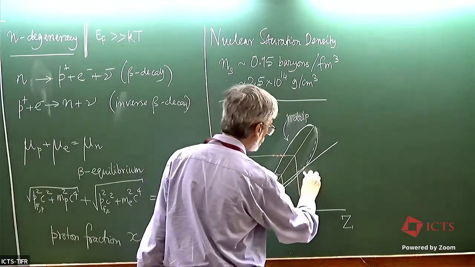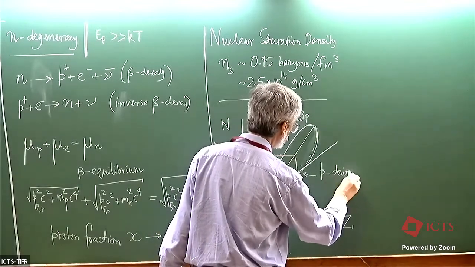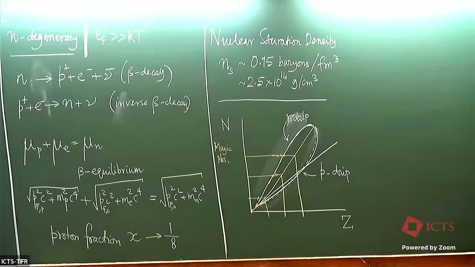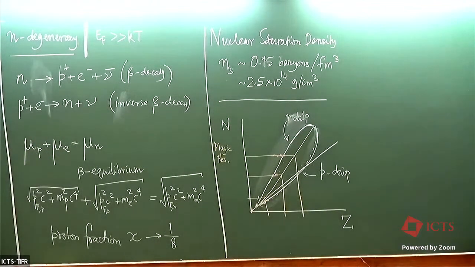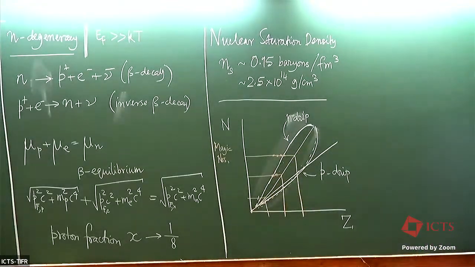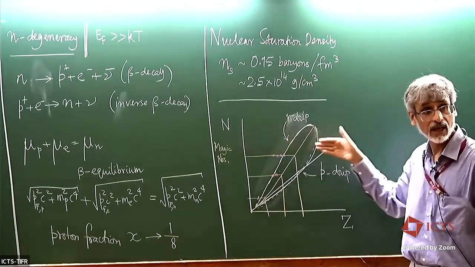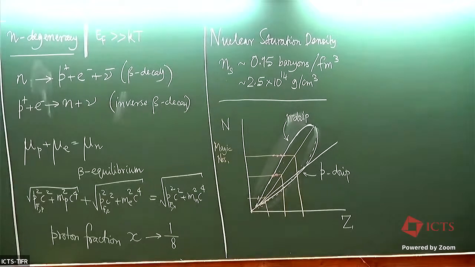And on this side, you have proton drip. So as you move to a more and more neutron-rich environment, you can see that you are diving into situations where you are actually going into neutron drip.